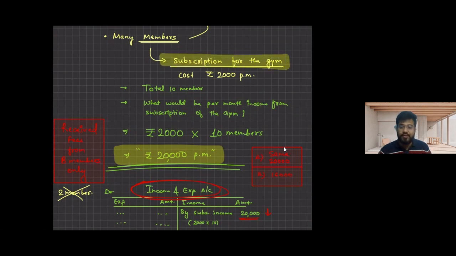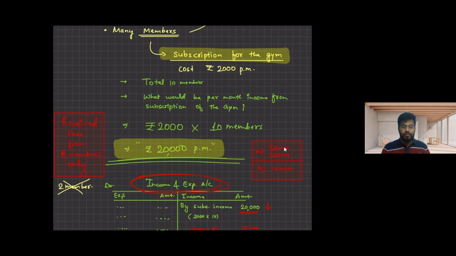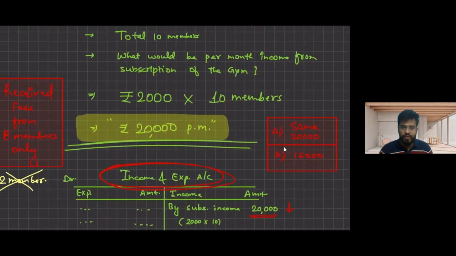So obviously this fee is outstanding. Outstanding means it will be received in future because they are still members of my gym. Therefore, this fee is receivable to me. This is an asset. Maybe it is not received in the current month, it will be received in the next month. It is possible or not? Yes, sir.